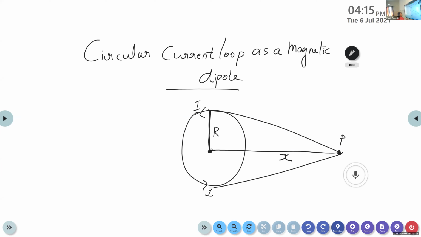Then students, what do you think? Which distance is greater, r or x? Which one is greater here? X. Can you say it louder? X. Yes, here the distance x is greater as compared to r.